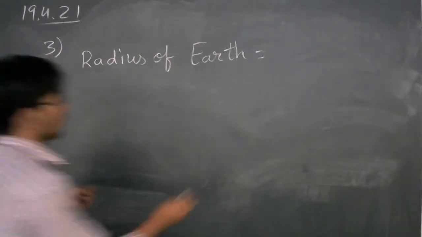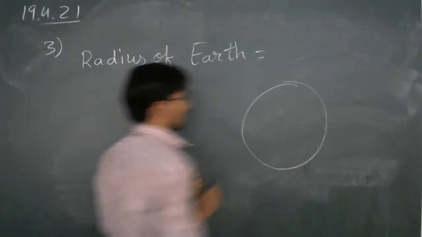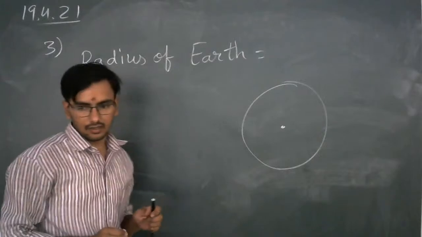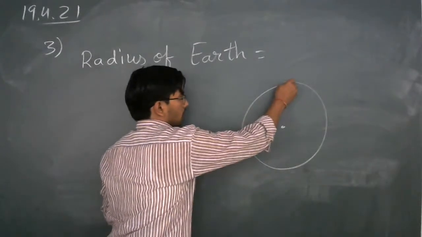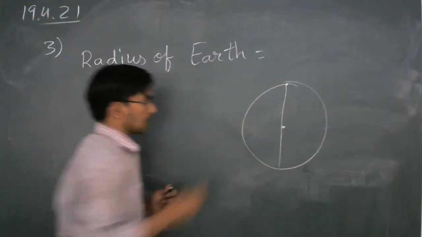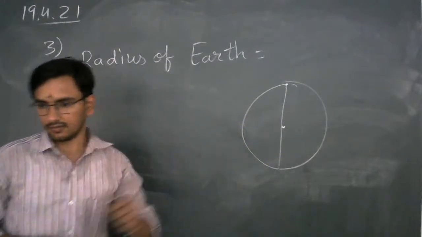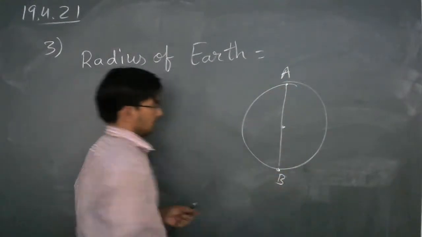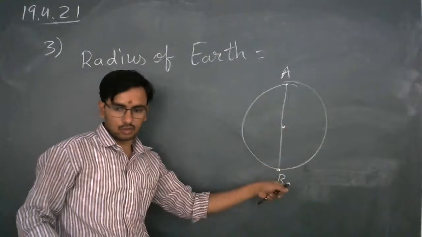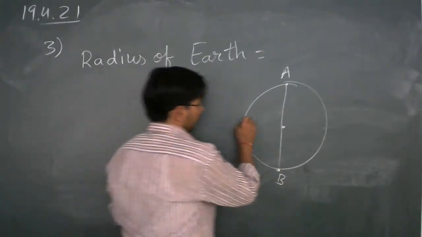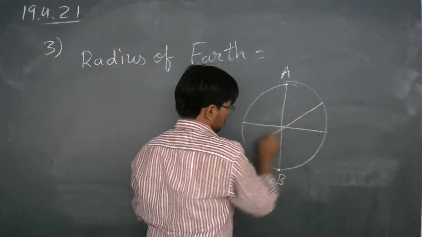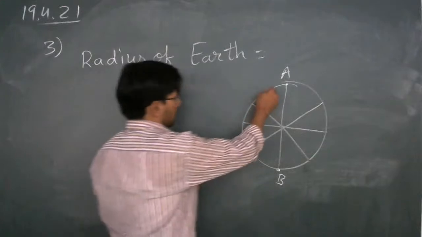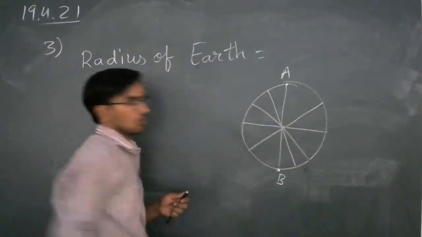So if we have a circle, and you know in a circle there is a center, a line segment which passes through the center and joins the 2 points. See, this is point A and this is point B. Now the line segment which is joining AB and passing through center, it may be from anywhere, from anywhere we can draw the line, but it must pass through center.